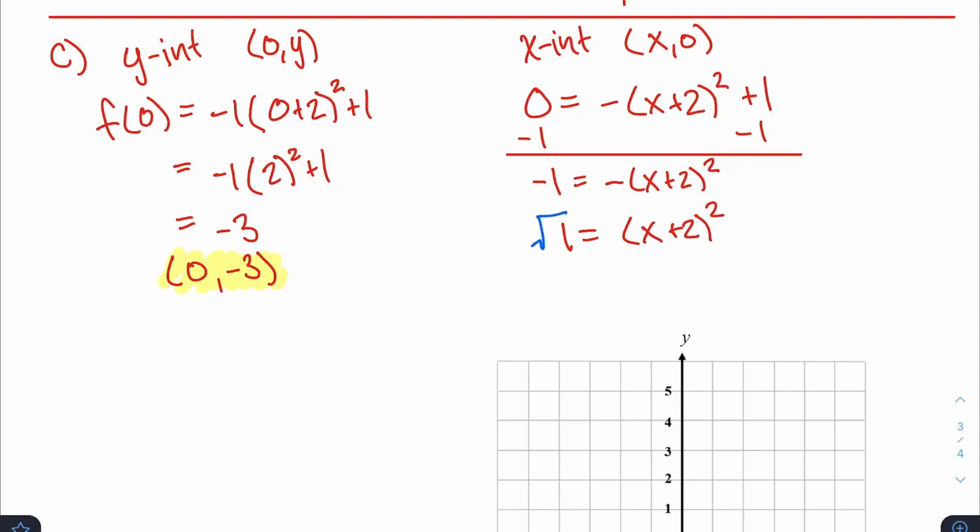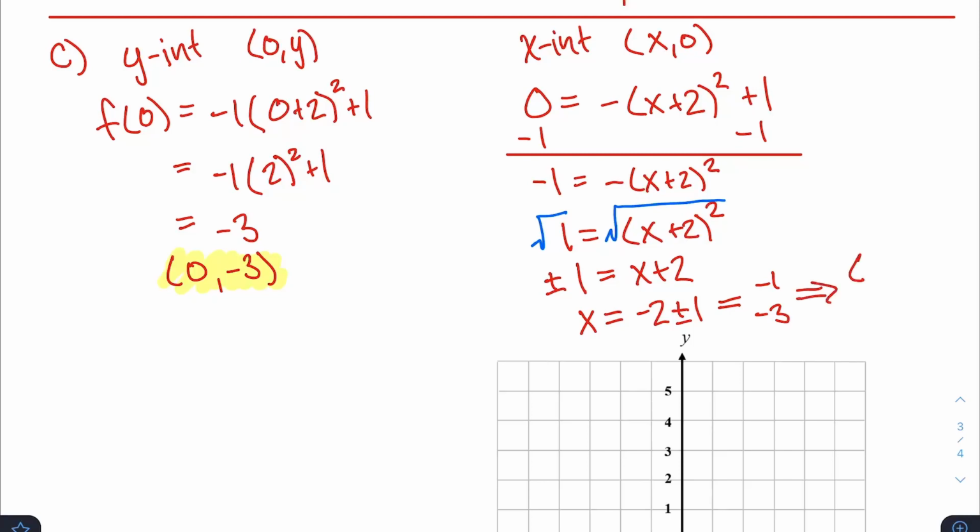And now I can take the square root to get x by itself. This will give me plus or minus, well, the square root of 1 is 1, which is equal to x plus 2. If I subtract 2, I get x is equal to negative 2 plus or minus 1. If I split this apart, negative 2 plus 1, I get negative 1. Negative 2 minus 1, I get negative 3. Hence, I have the points negative 1, 0 and negative 3, 0. So I have my x-intercepts.